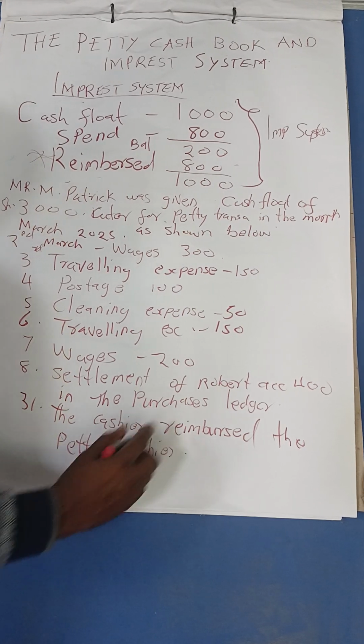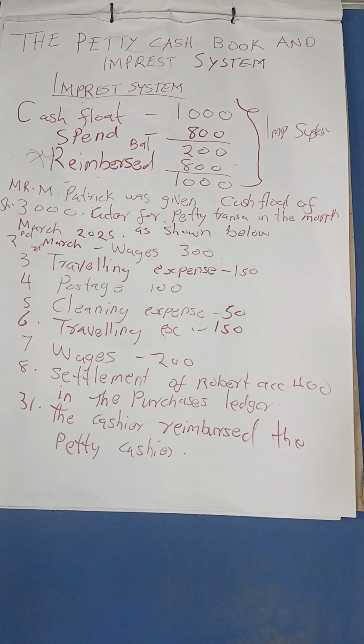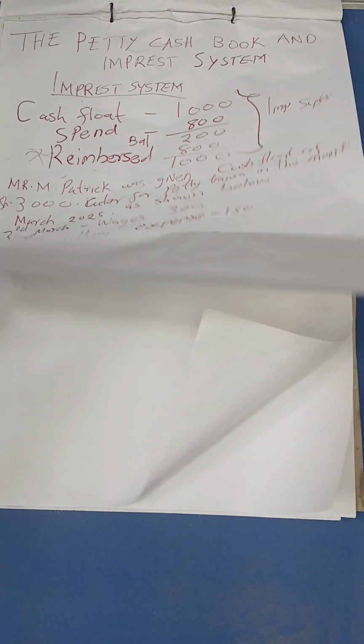Good. This means we are going to go for the reimbursement at the end of the month, that is the 31st of March. Good. So that means we have now to go direct to our petty cash book and we start off our entries immediately.